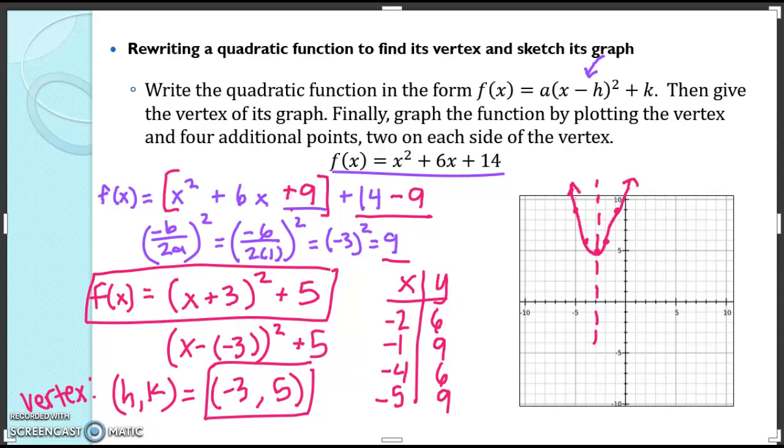Okay, so as long as you're understanding the symmetry portion, you can just plug in 2 points on the right and then make sure you go over the same amount in the x direction and make the other side symmetrical as well.